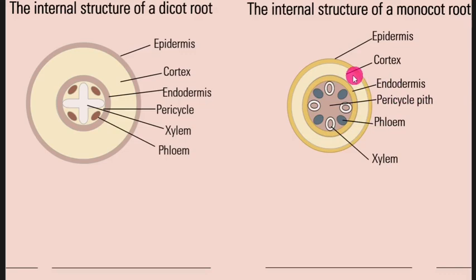Then we have the cortex, then the epidermis. You take note of these, because they may bring these two diagrams and ask you which type of plant each is coming from. So you know that a dicot root must have something like a cross of xylem, but a monocot root does not have a cross.